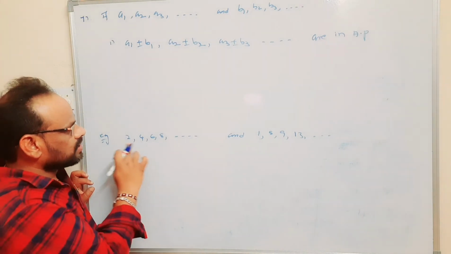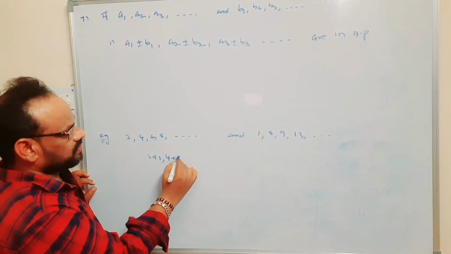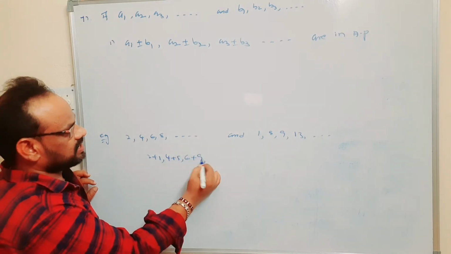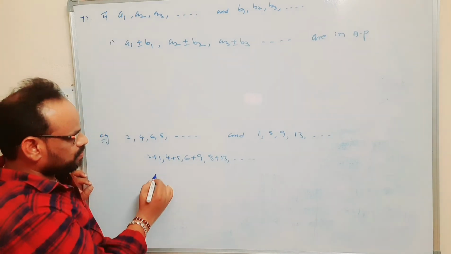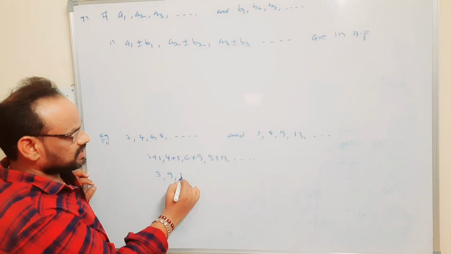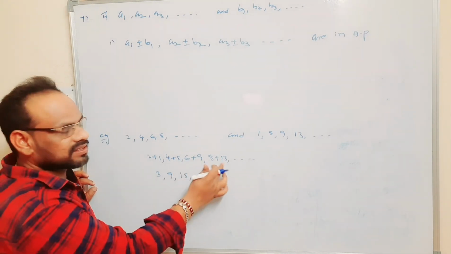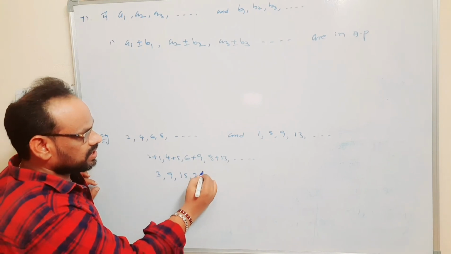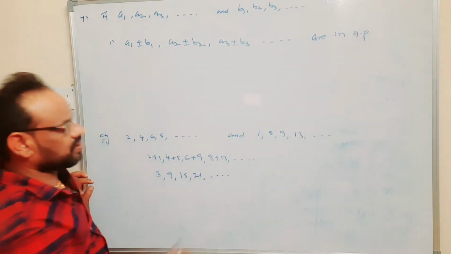First take plus: 2 plus 1, 4 plus 5, 6 plus 9, 8 plus 13 and so on. Observe, 2 plus 1 is 3, 4 plus 5 is 9, 6 plus 9 is 15, and 8 plus 13 is 21 and so on.